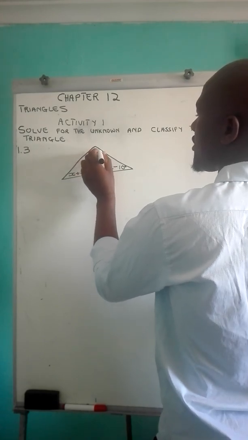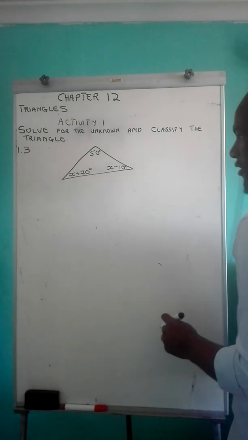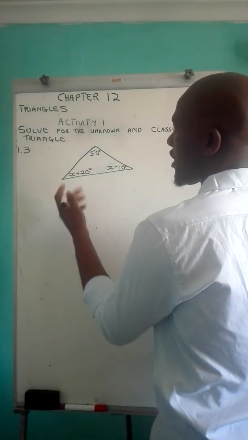And this is 50 degrees. And I want to solve for x, for the unknown.